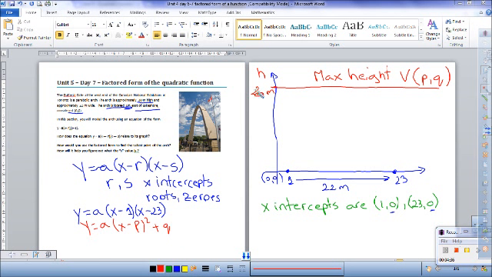Now, that maximum height of 20, what letter in the vertex form do you think it represents? Does it represent the A, the P, or the Q? Well, let's think about it. In that vertex point P and Q, which letter gave us the maximum value of a function? And it was Q. So I know that my Q is 20.